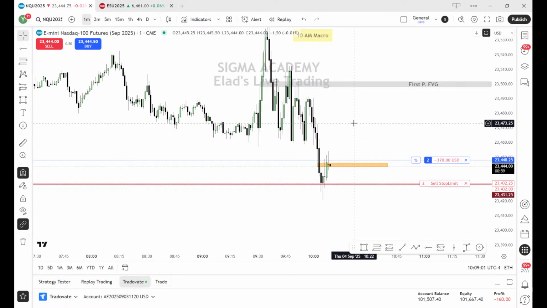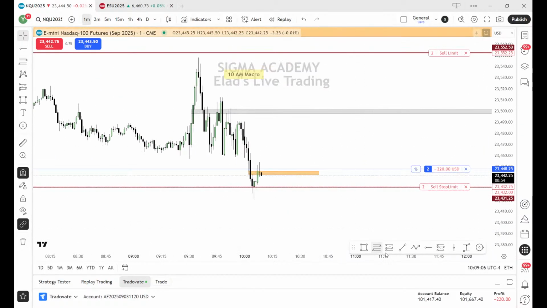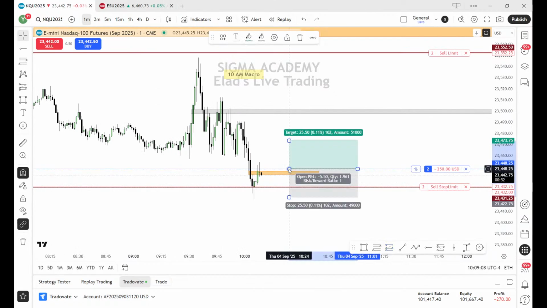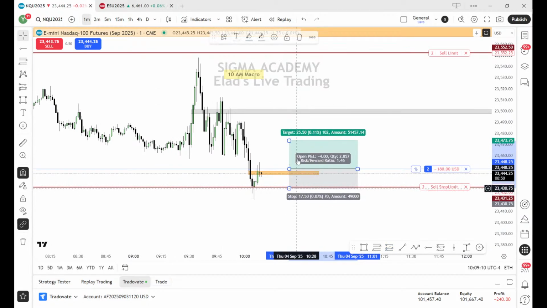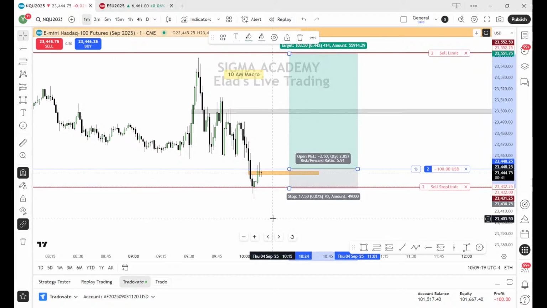What do you think? Something like that. 1 to almost 6. It's not looking good. Maybe I will reduce my risk on this trade.